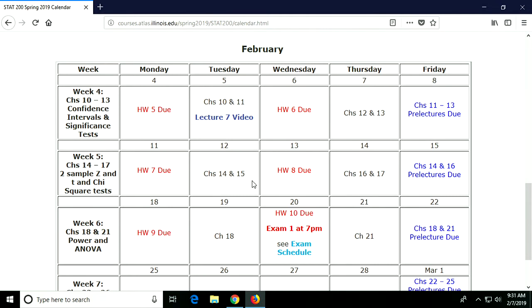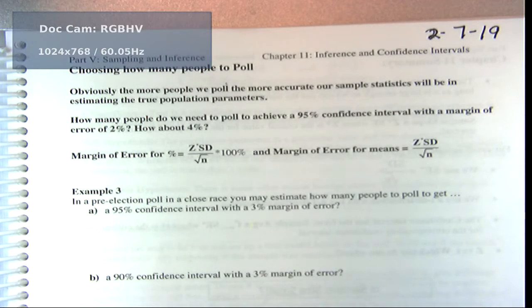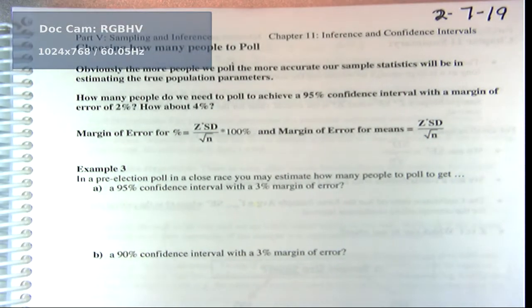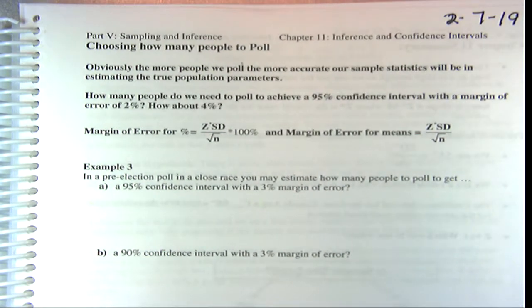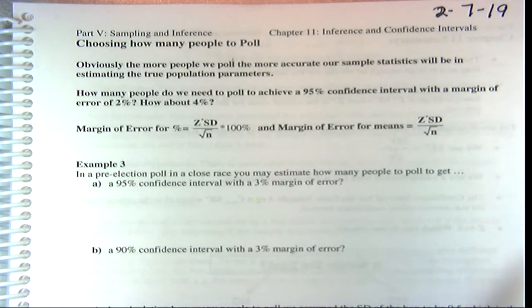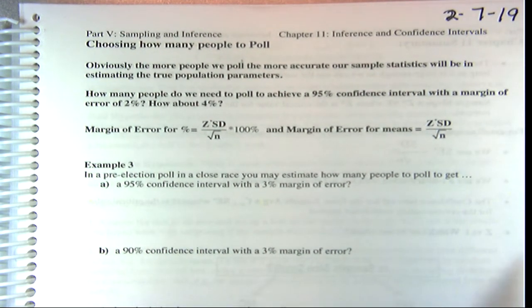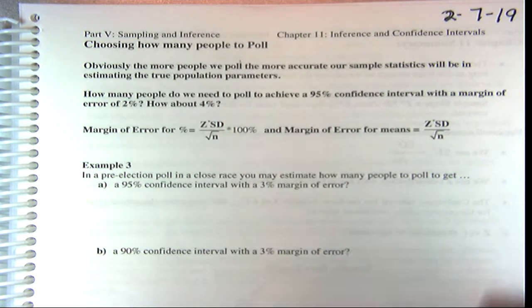All right. So now we left off, let's go to the document camera here. And we left off here on page 67. So we were talking about confidence intervals. And a confidence interval, remember what we do, we make a point estimate. Like if we have the sample average and we want to estimate the whole population average, we take our point estimate, which is the sample average, and we attach a margin of error to that.